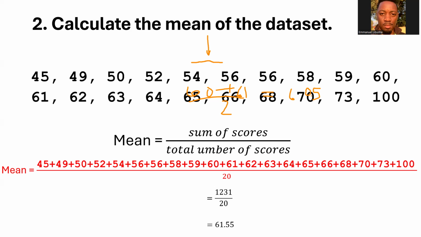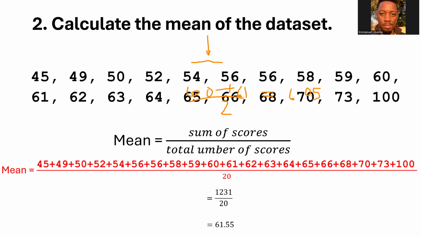Now, the question here says use the IQR to determine the lower and upper boundaries for outliers and identify any outliers in the data set, if any. So to get the boundaries, if you remember, you have Q1 minus 1.5 times IQR. You remember that this is a formula, right?